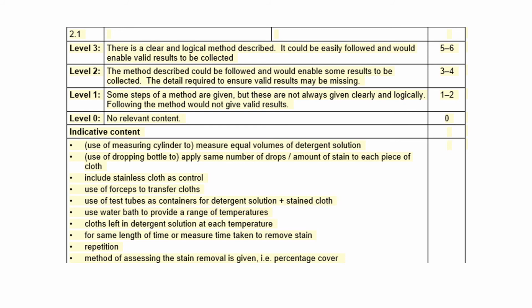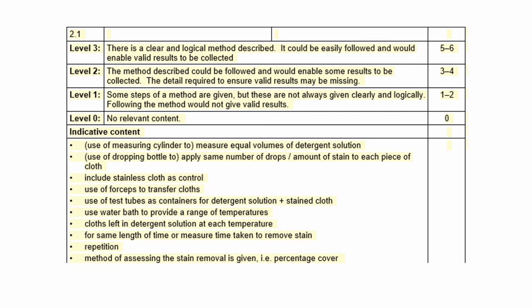If you have given a semi-useful method, so if you've got bits of the method, but you haven't spoken about any of the control variables, such as the volume of detergent, number of drops, etc., then you can be in this band. So that will be worth 1 or 2 marks. If you've given no control variables and your method makes no sense, then that would be 0 marks.